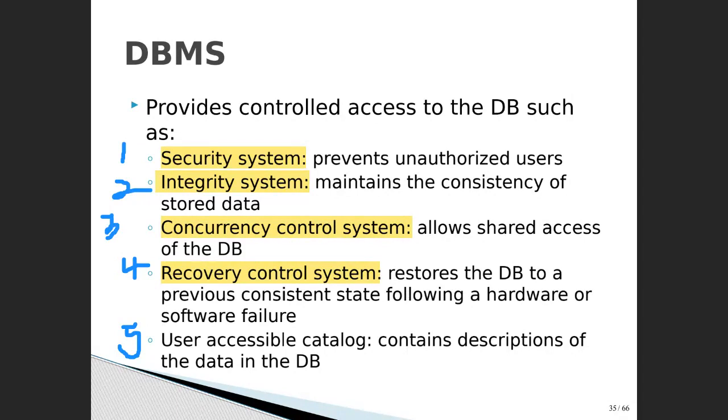So it will retrieve the previous consistent state of the database system, and restore the system to that point. All right. So this is exactly the same as what we have in the operating system, right?